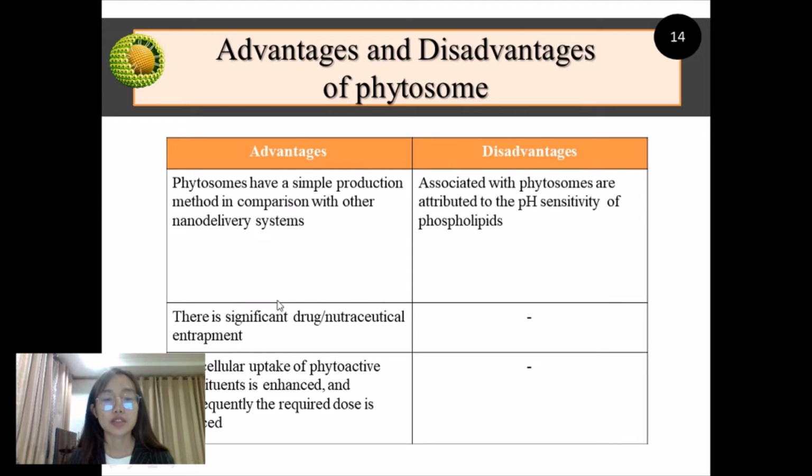And the cellular uptake of phytosome phytoactive constituents is enhanced, but there are disadvantages associated with phytosome, adapted to the pH sensitivity of phospholipid due to their zeta potential, which should be considered in the preparation of phytosome formulation.